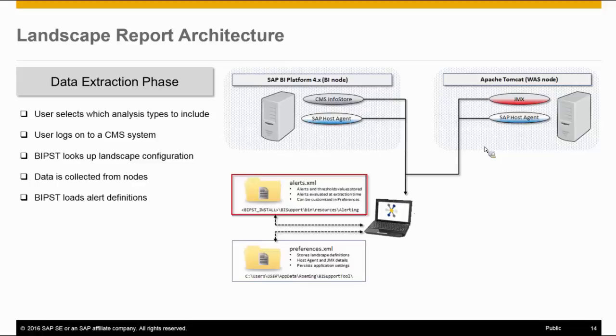Once the data is extracted, we load up an alert definition from the support tool's actual install directory. So as we upgrade the support tool patch by patch, we're making changes to the alert definitions to get rid of the ones that maybe don't make sense, and also add new alerts for issues that we discovered over time by our support engineers.